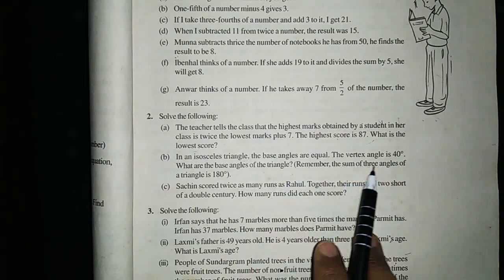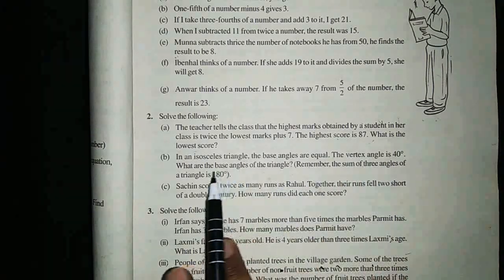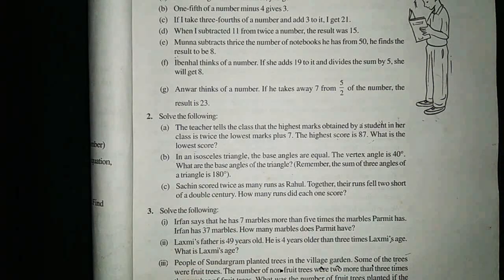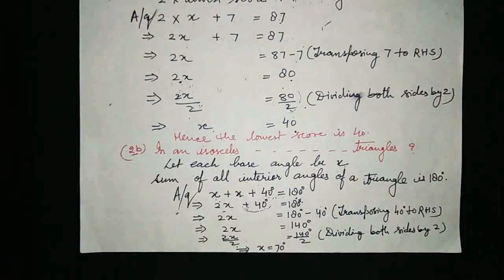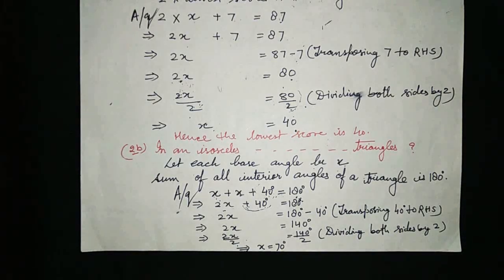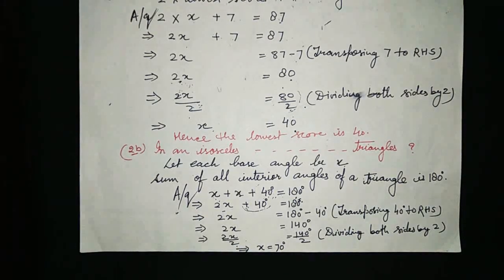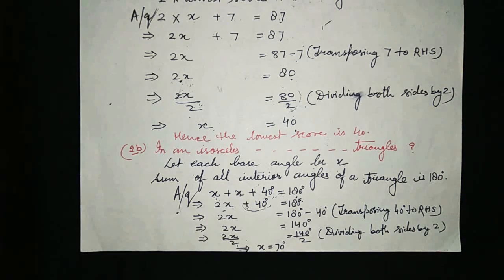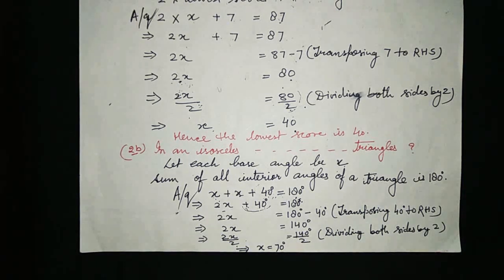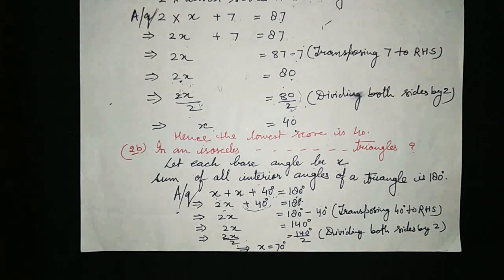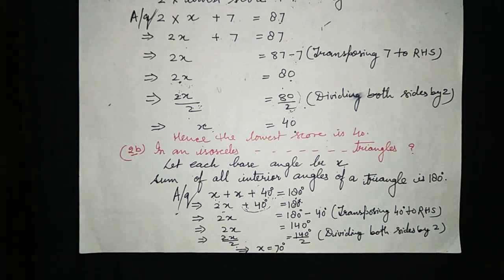Remember, the sum of the three angles of a triangle is 180 degrees. It is given in the question that only the base angles are equal in an isosceles triangle. But here we don't know the measure of each base angle.